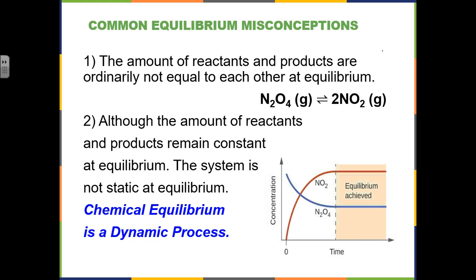So moving to number 2's misconception topic. Although the amount of reactants and products remain constant at equilibrium, the system is not static at equilibrium, and you want to understand that chemical equilibrium is a dynamic process. And dynamic means that you can have equilibrium, and then if something is done to disrupt or affect that equilibrium, it's going to change where those 2 lines plateau out, or they'll reassert themselves to re-plateau out.